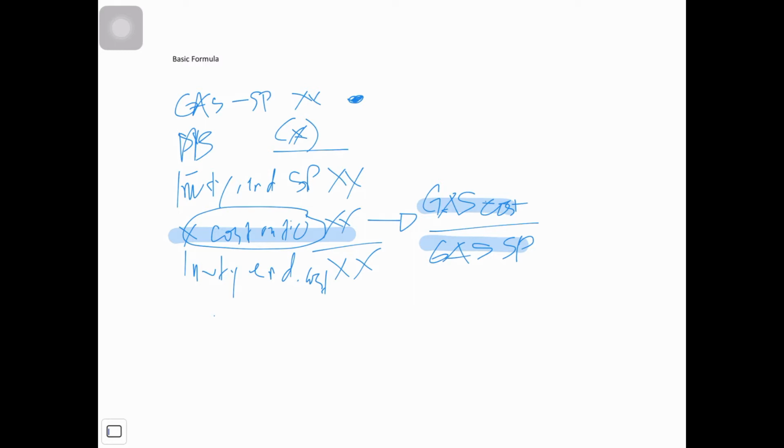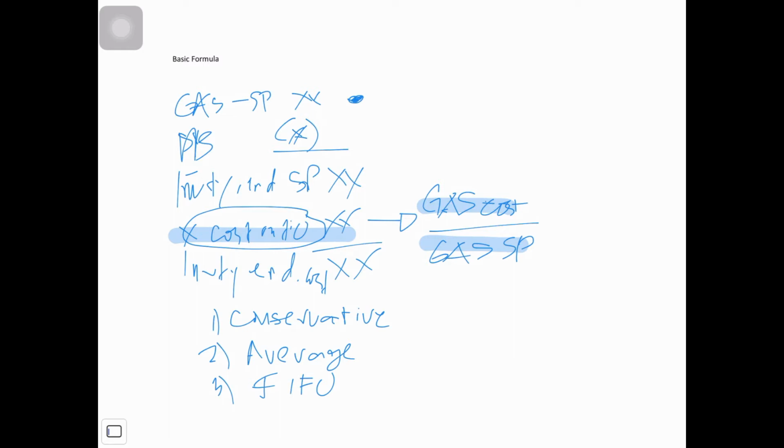Three approaches. First is conservative. Second is average. Third is FIFO.